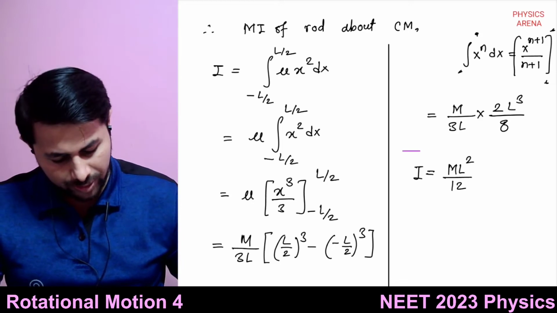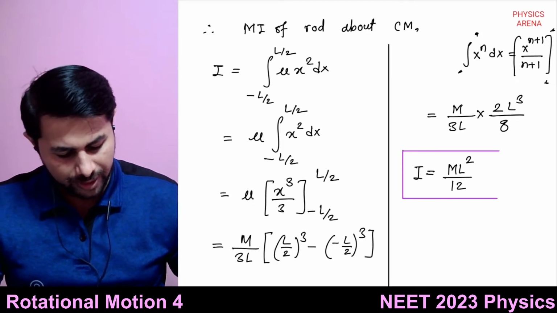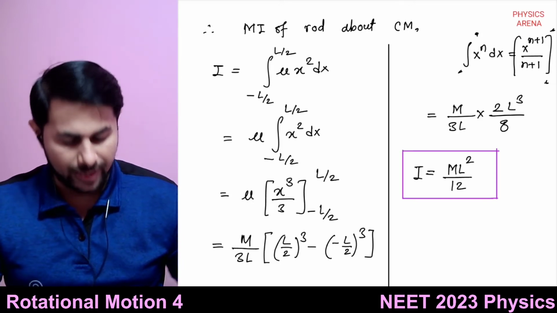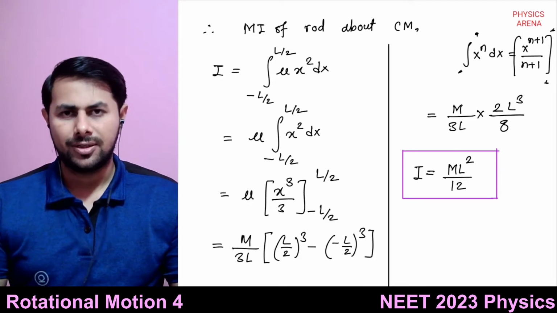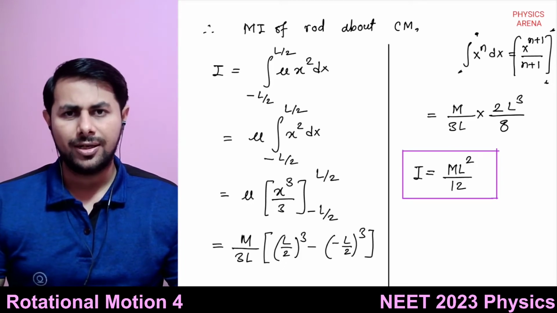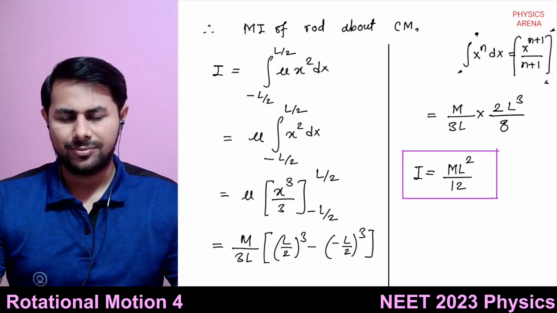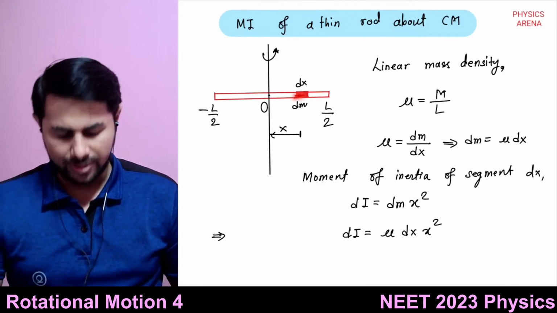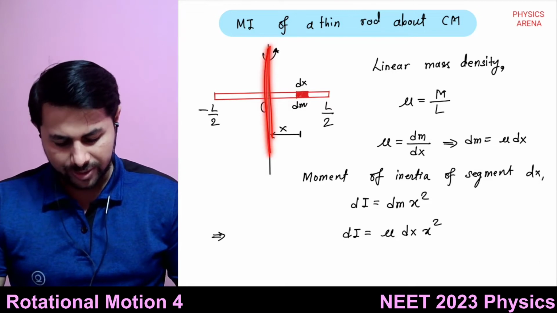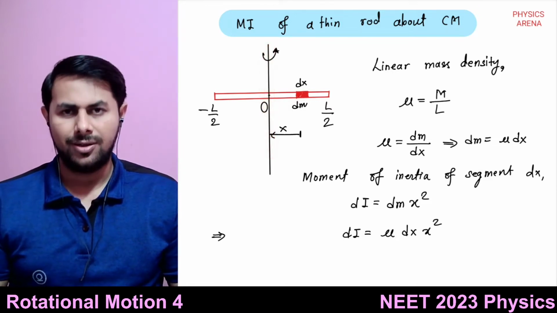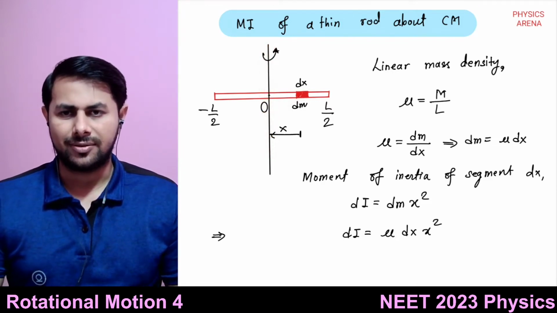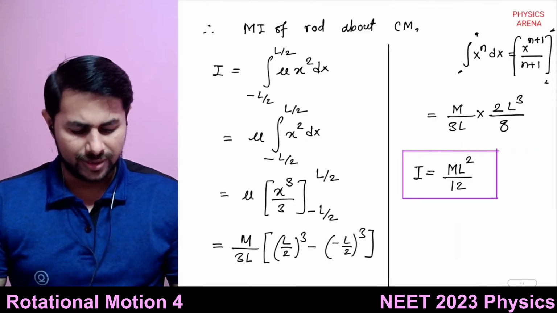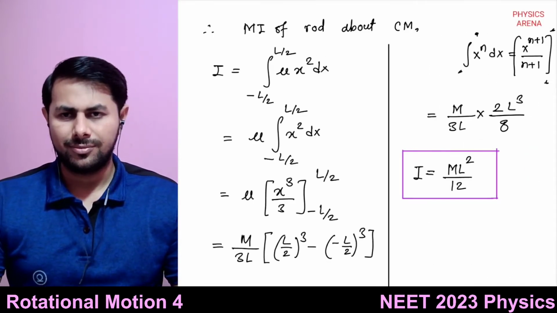So this is the moment of inertia of a thin rod about an axis which passes through its center of mass, or the midpoint. Is it clear? Yes, no?